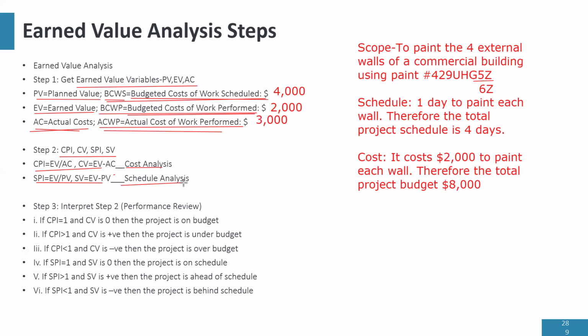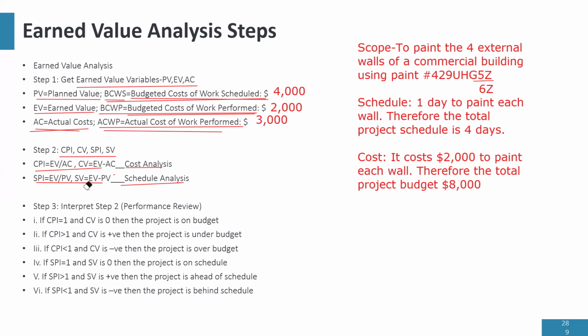Right. Now, we are going to use these variables, PV, EV, AC, and arrange them in a particular way to get CPI, CV, SPI, SV. If you look at the formulas very well, we're not going beyond EV, PV, and AC. So EV over AC is CPI, EV minus AC is CV.